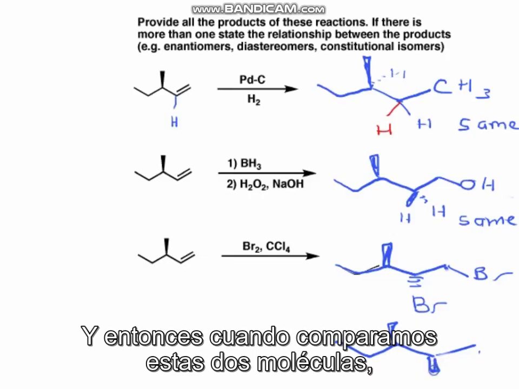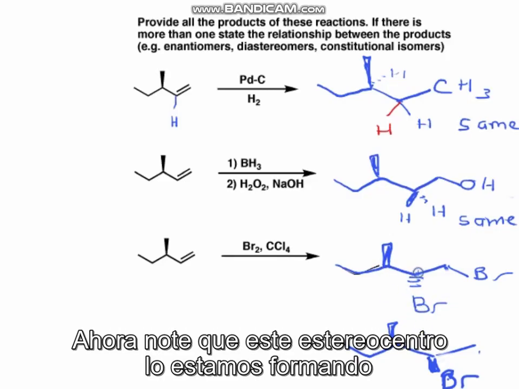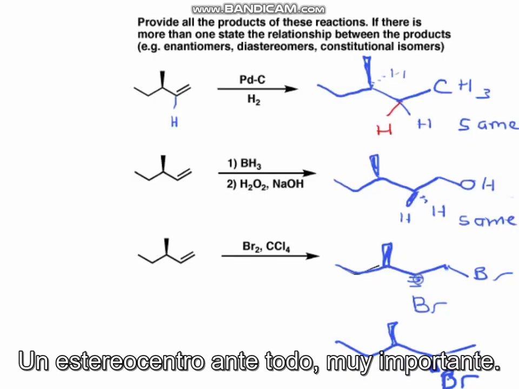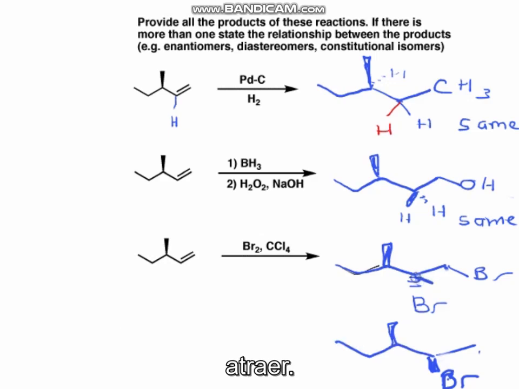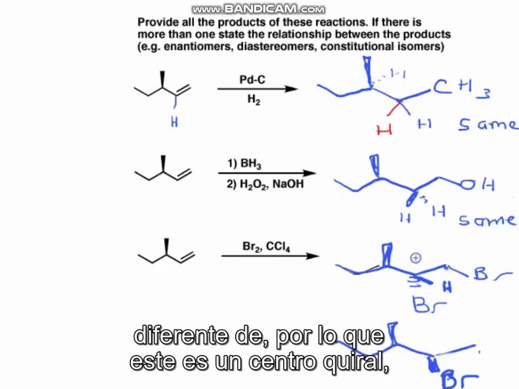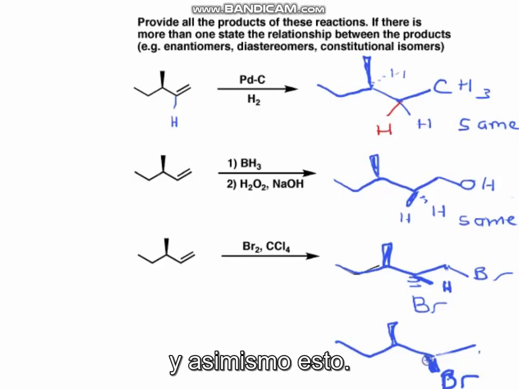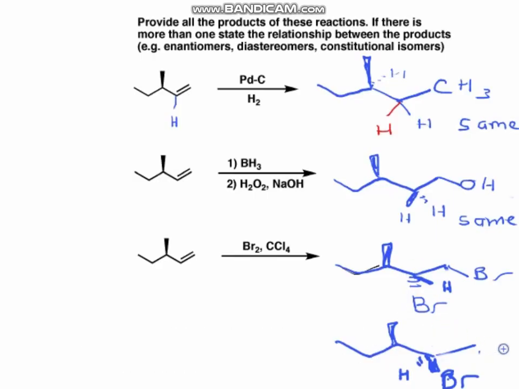So when we compare these two molecules, notice that we are forming a stereocenter, first of all, which is very important. It's attached to bromine, hydrogen, which I didn't draw in, here it is, CH2Br, and this carbon with a methyl group, all different, so this is a chiral center, and likewise is this. These two chiral centers have the opposite configuration.